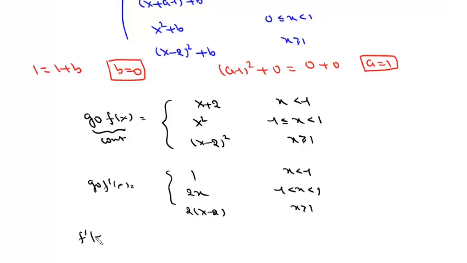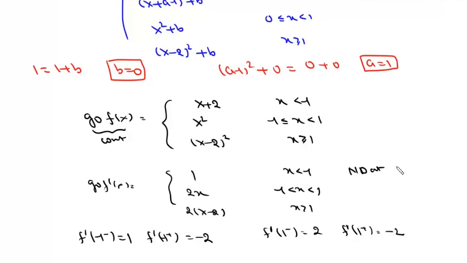Now f dash minus 1 negative is 1, and f dash minus 1 positive will be minus 2. F dash 1 negative is 2, and f dash 1 positive is minus 2. So it is not differentiable at x equals minus 1 and 1.